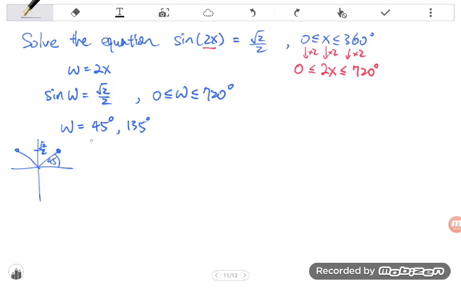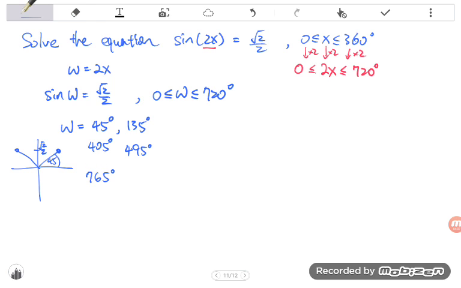So if I add 360, I will get 405 degrees. If I add 360 to 135, I will get 495 degrees. And can I add more? Let's see. If I add another 360, I will get 765 degrees.